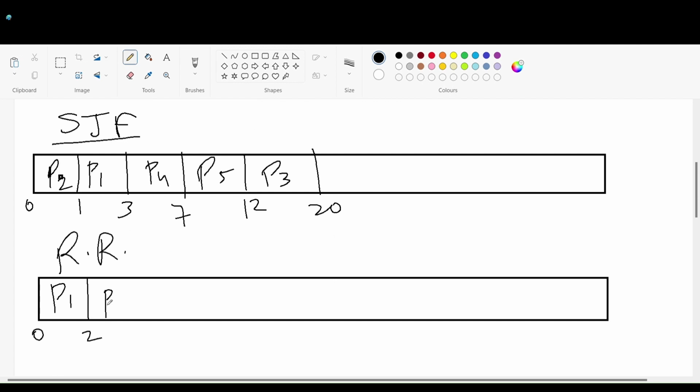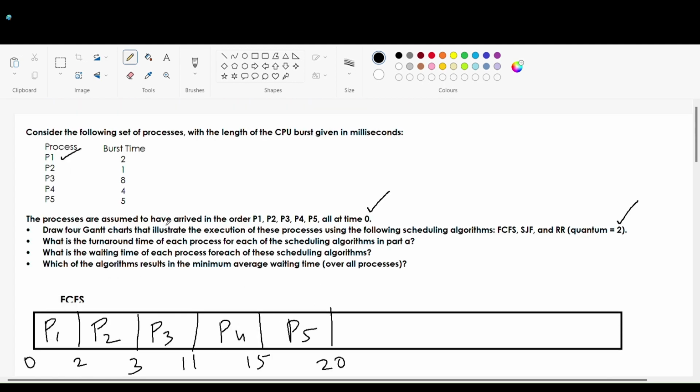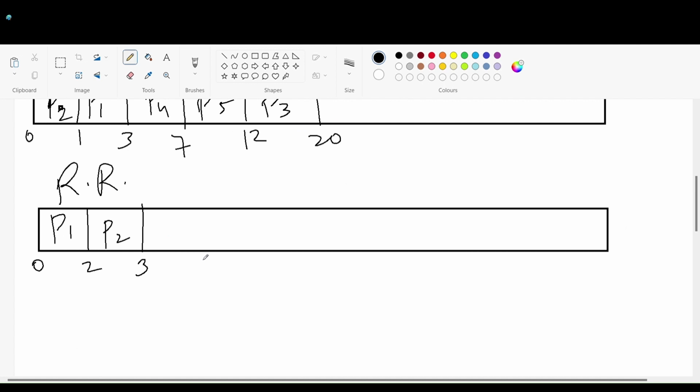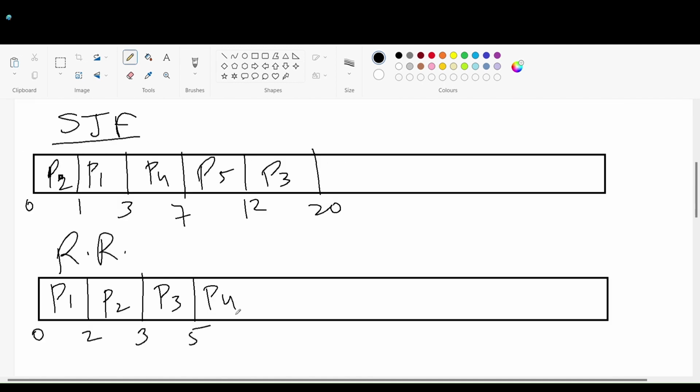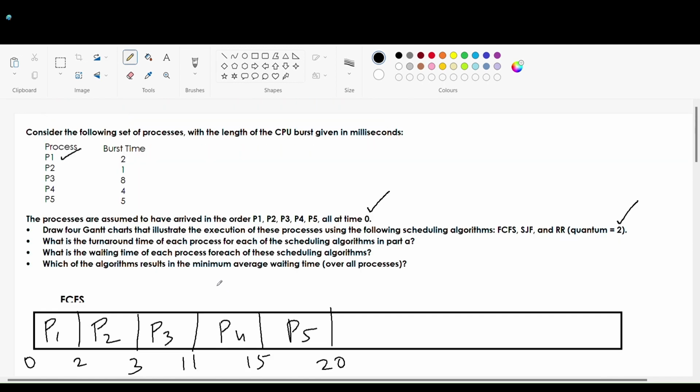Then P2 will execute from 2 to 3. Then P3 will execute from 3 to 5. Then P4 will execute 5 to 7. Then P5 will execute 7 to 9.